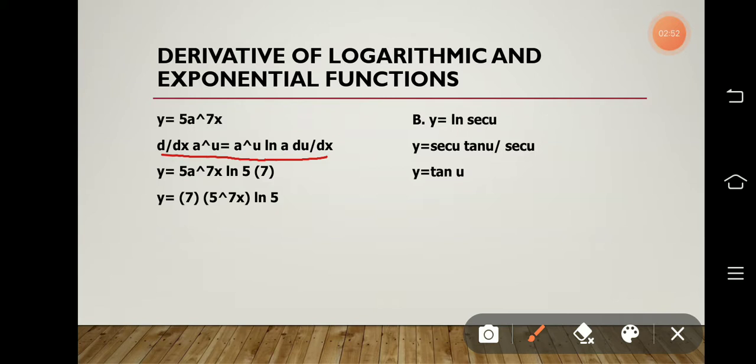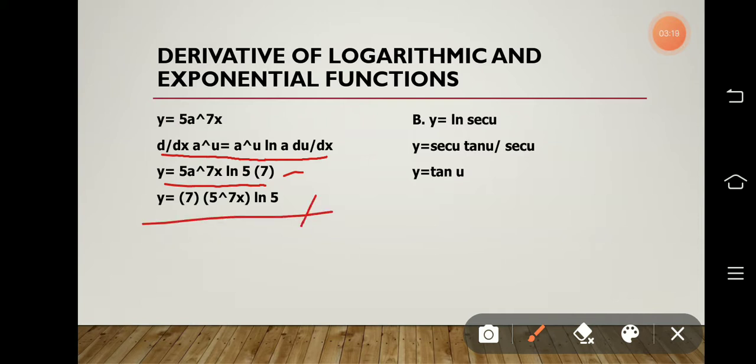So the answer here is y prime equals 5 raised to 7x ln 5 times 7. The 7 here is the exponent, so y prime equals 7 multiplied by 5 raised to 7x ln 5. So this is the final answer.